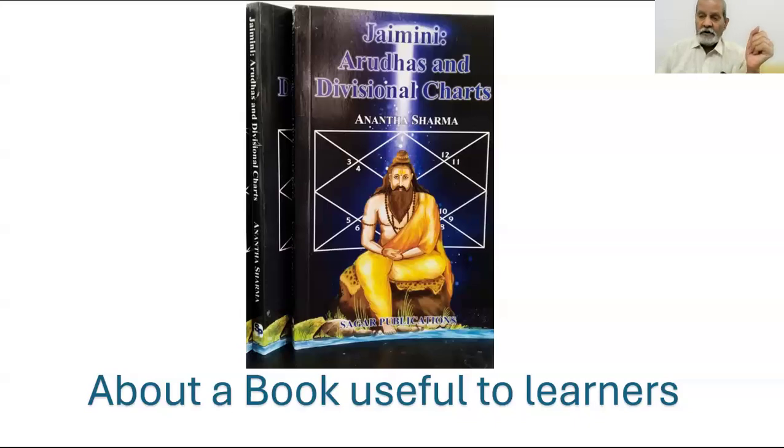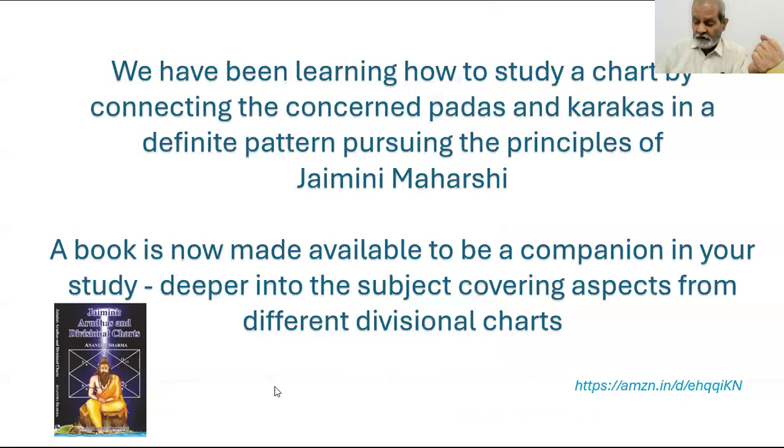So what details about the spouse can be understood from A7, Lord of A7 and DK in the D9 chart?